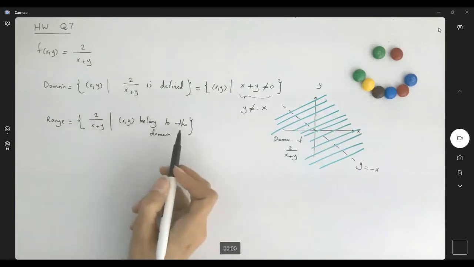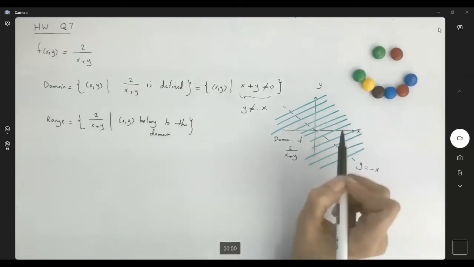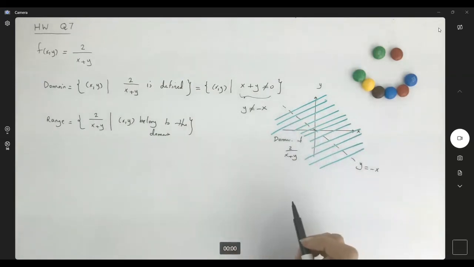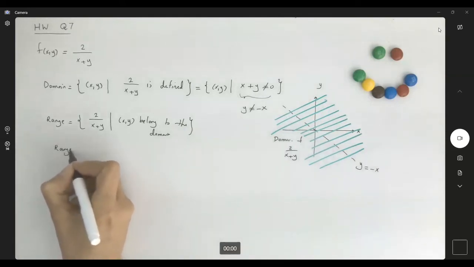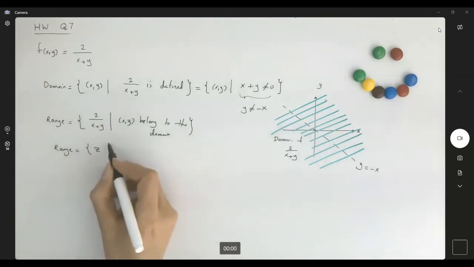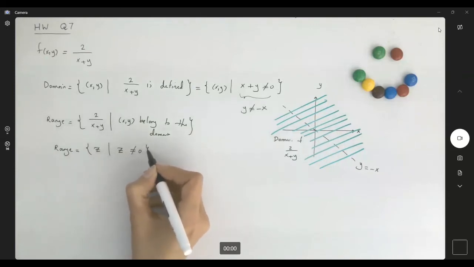So what's the meaning of that? It means that we are allowed to take any points except for the points located on this line. So our range is all z values, output values, such that z is never 0.